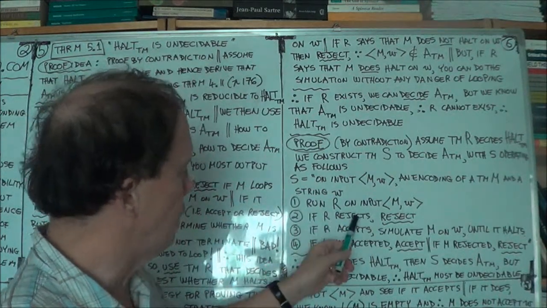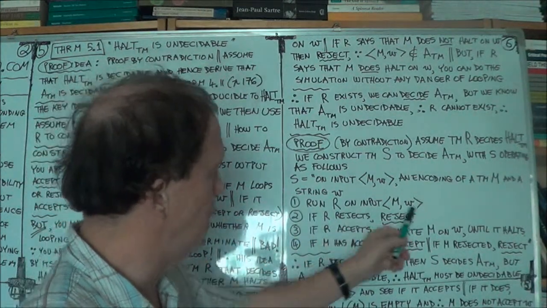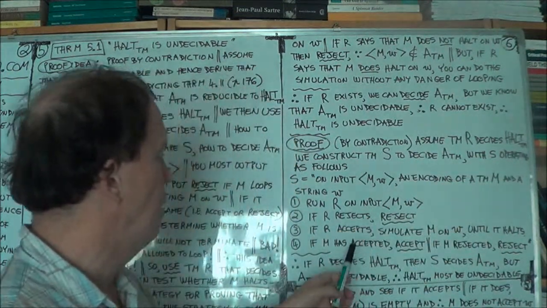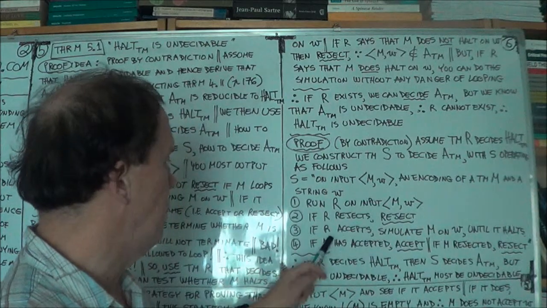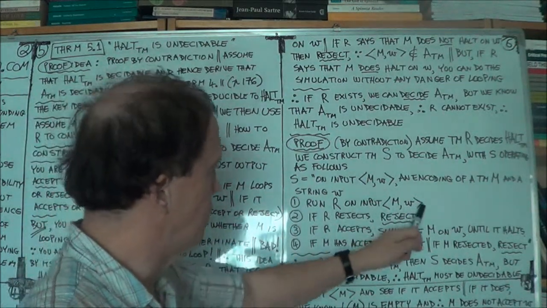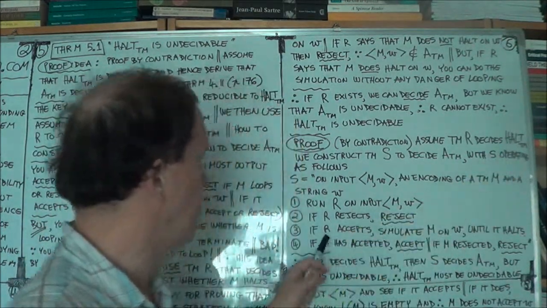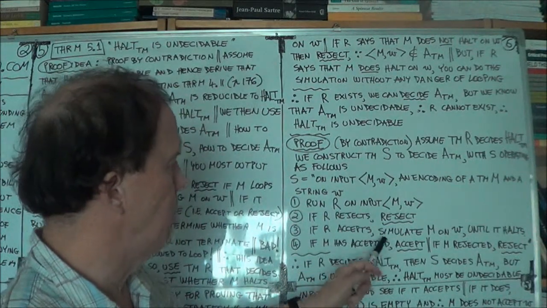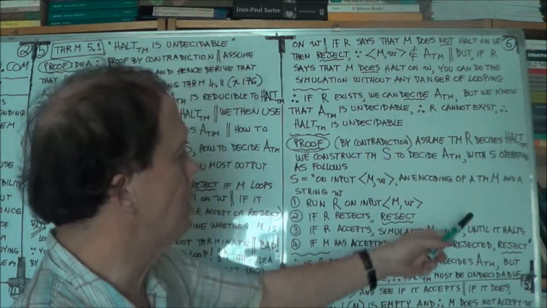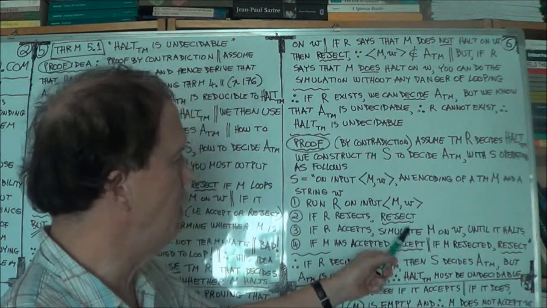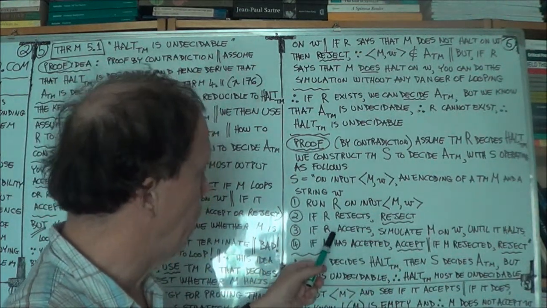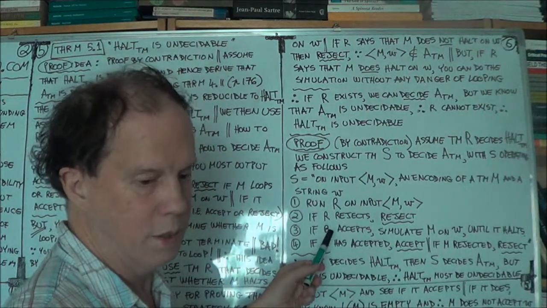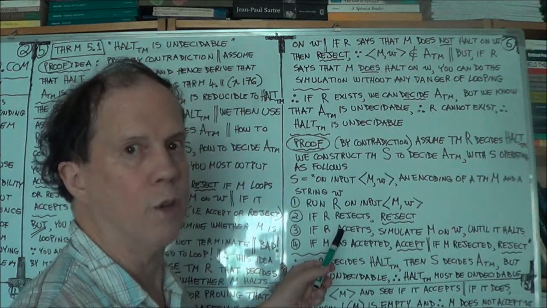Now, if R rejects, in other words, this pair does not belong to that language, well then as S you reject. Now, if R accepts, in other words, this pair does belong to the language, then you, as S, just continue your simulation. But now you've got this knowledge, thanks to R, that your simulation is going to halt.